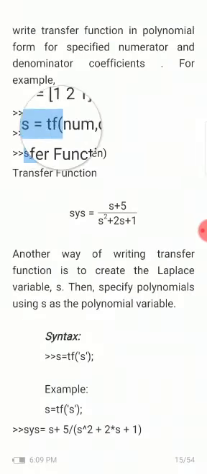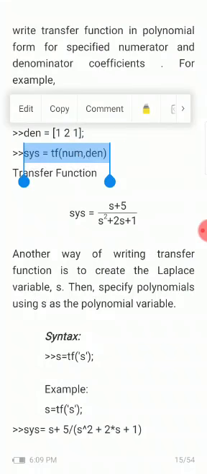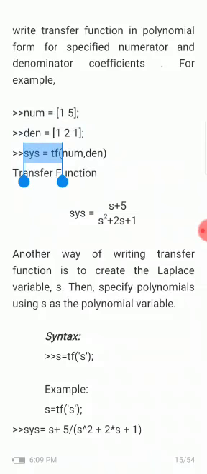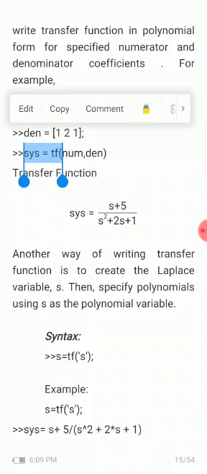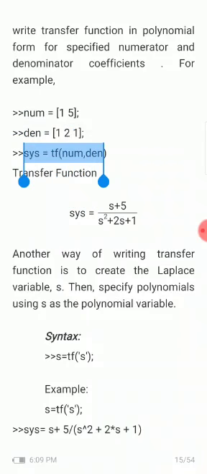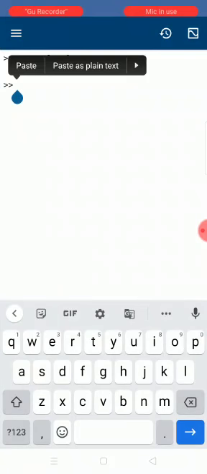See this command, sys equal to TF numerator comma denominator. This TF is the command to write the transfer function in MATLAB. So I am copying this command and evaluating here.